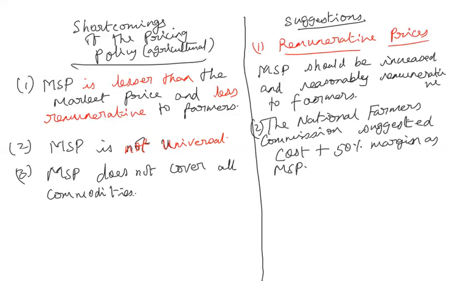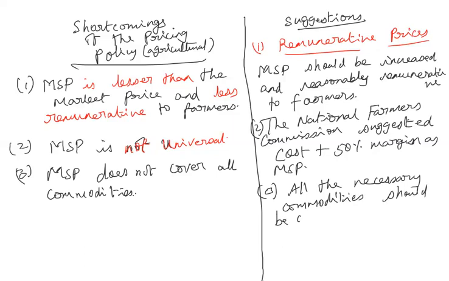The suggestion for this is that all the necessary commodities should be covered under minimum support price. In order to do that, the government has to establish more agencies.